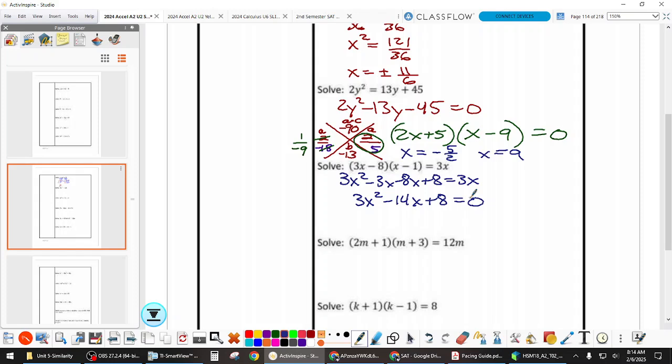Is there a GCF? No. Always check if there's a GCF. So back to the star. I'll just write it over here this time. Okay, are there factors of 24 that add up to negative 14? 12 and 2.